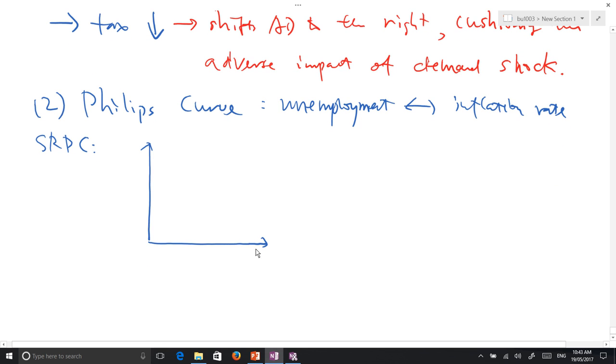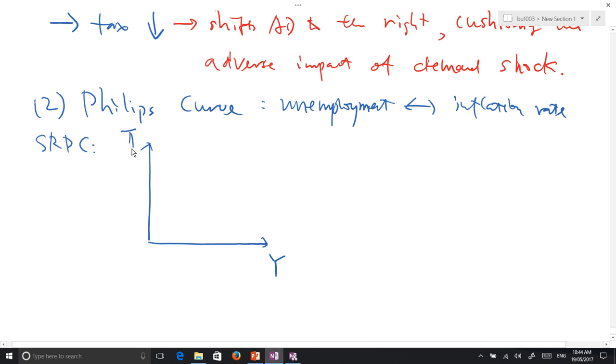So let's look at SAD first. Usually we have price on the vertical axis, and the horizontal axis is Y, output. For illustration purposes, I'm going to change the vertical axis to inflation.